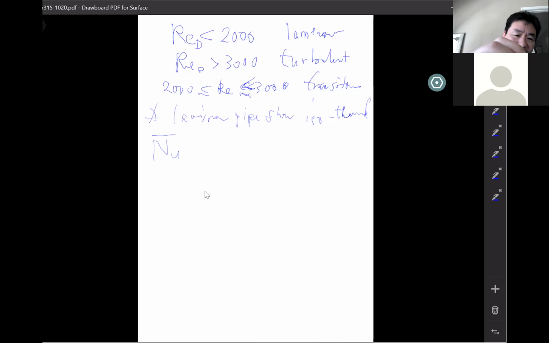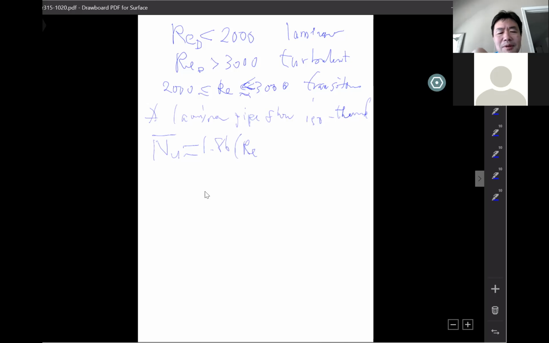So I give you an average Nusselt number equation, which is for the entire pipe, which is good. Average Nusselt number times average temperature difference, then you can calculate the total heat transfer. 1.86 times Reynolds number.